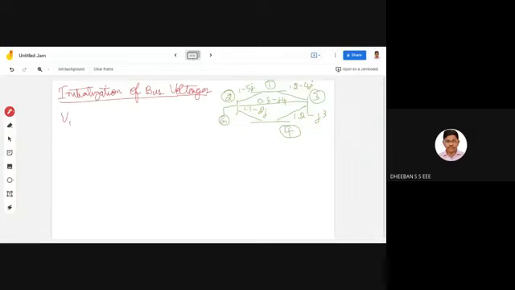Your slack bus, at n number of iterations, will carry the same value, so you can just put it like this. Even for n iterations, it will be the same value. So it is 1.06 at an angle of 0 degrees, which is given in the question itself. So you can take this as 1.06 + 0j per unit value. Okay, so we have taken this for your slack bus.